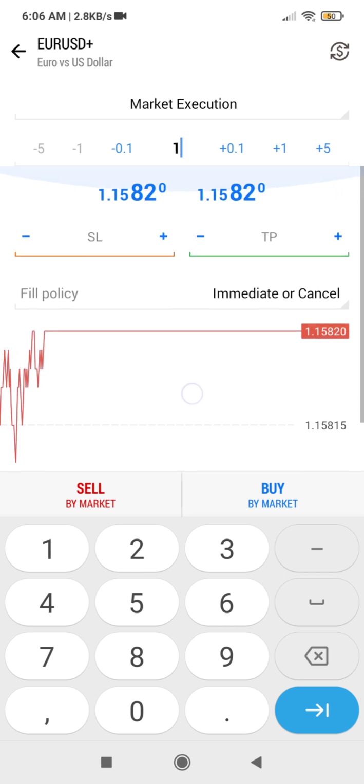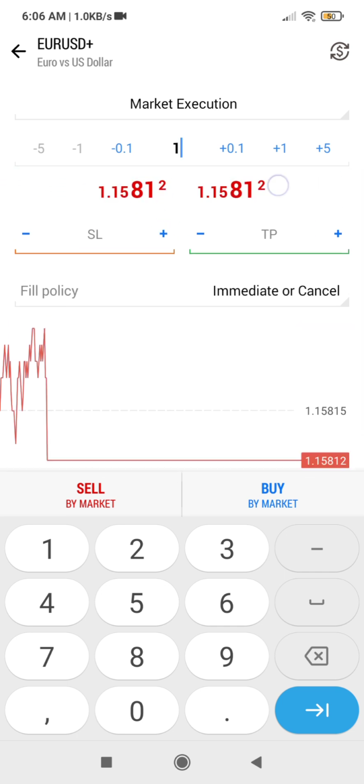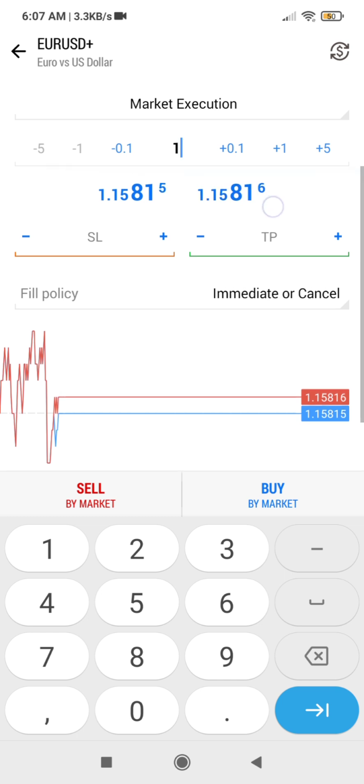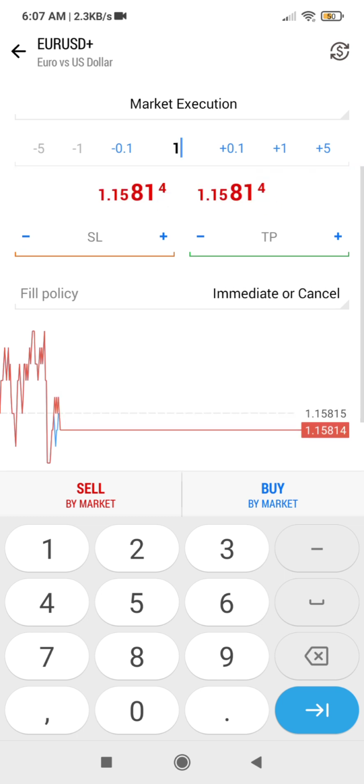This is telling you the current buying price and the selling price. You are seeing just a little difference, just these tiny numbers that differentiate the buying and the selling price. That's just their difference.